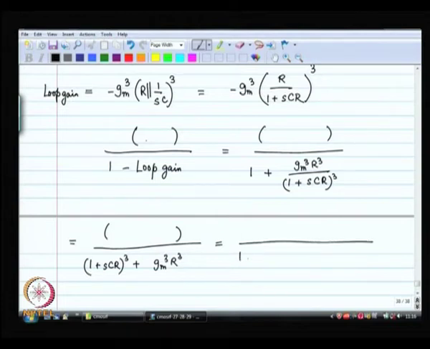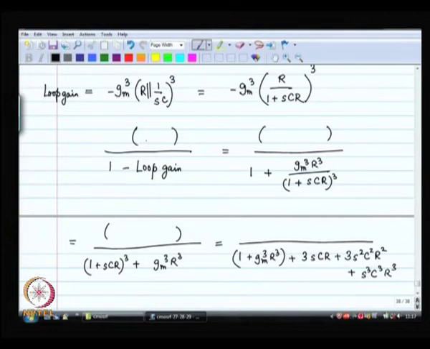So, your denominator contains this as its denominator polynomial. Now, if this is the denominator polynomial, then the poles are the roots of the denominator polynomial.